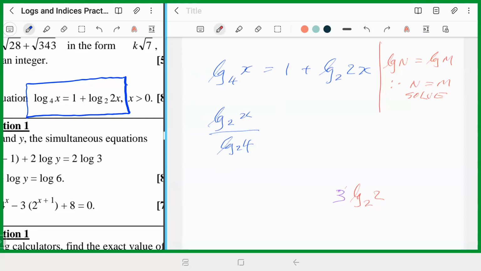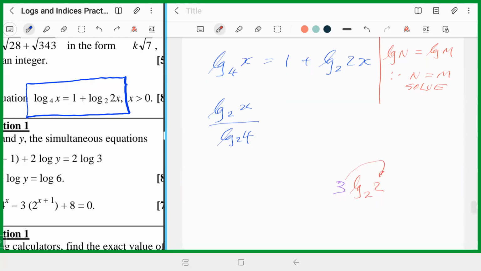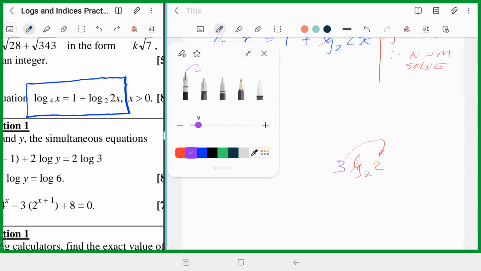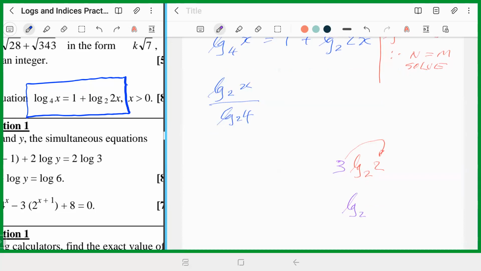And then the 3 comes up here. See that? So what was 3 before would now become log to base 2 of 2 cubed, which is log to base 2 of 8. So if I had a 3, I could replace it with log to base 2 of 8 if I want to turn it into logs.